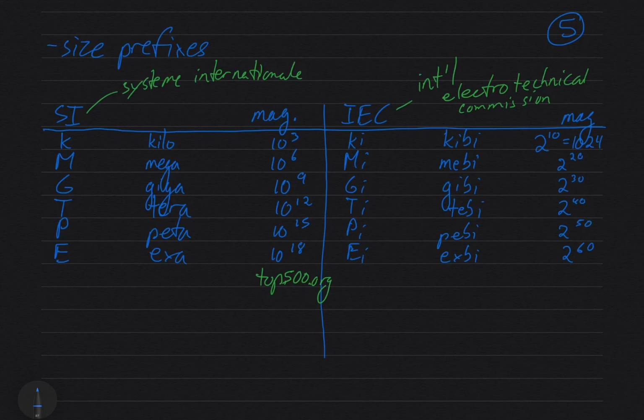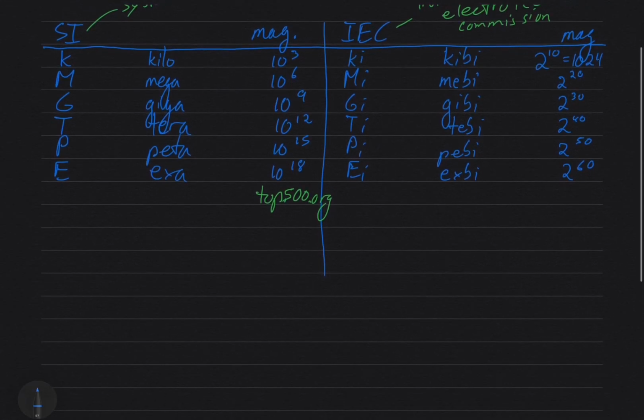And you might be wondering why I use these things, and they're more accurate if you're talking about something that's sized by powers of 2, and most computer hardware is sized in terms of powers of 2. So registers are either 32 bits, which is 2 to the 5, or 64 bits, which is 2 to the 6, and so on. And computer memories are usually powers of 2.